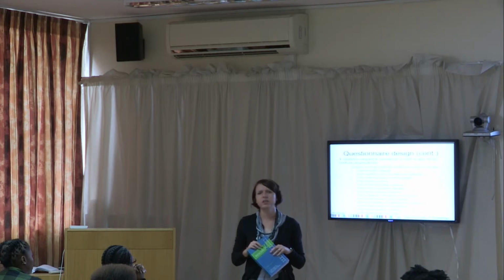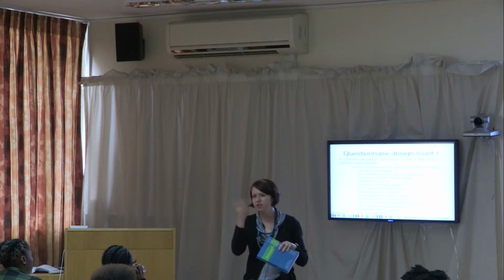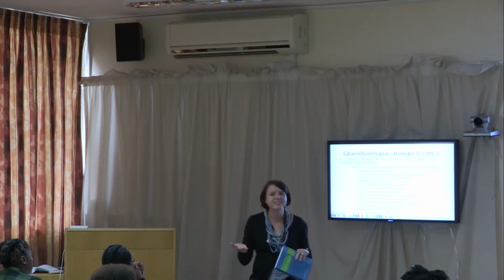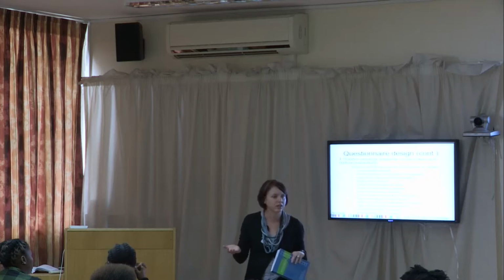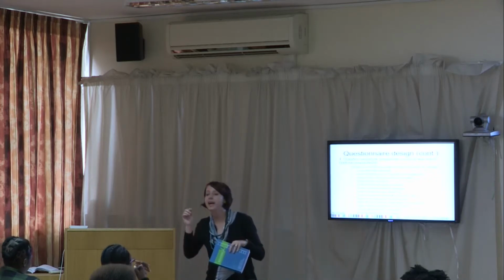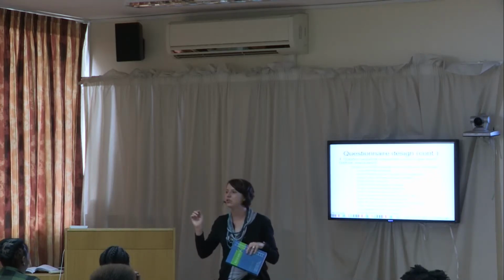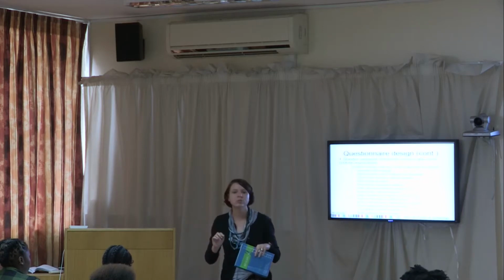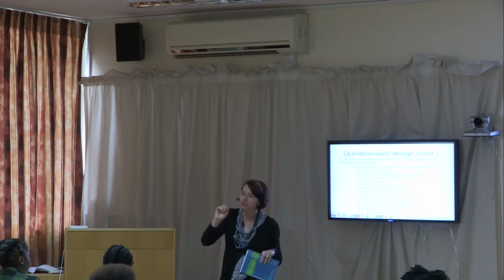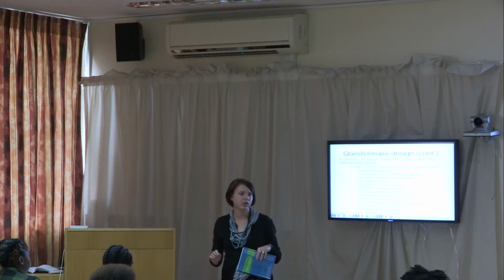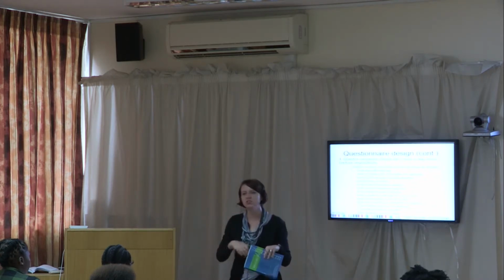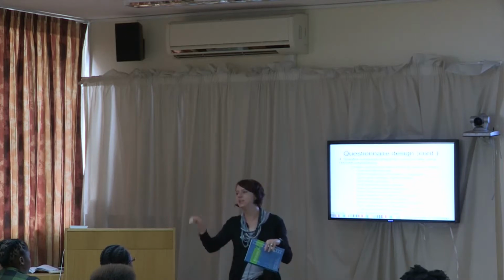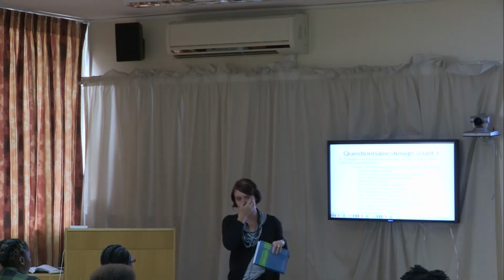Or please indicate the ages of your children, but they don't have children. That is an erroneous assumption. So you will ask them, do you have children? They must say yes or no. The next question will be, based on the previous question, which ages are your children? So you need to link it like that. You first need to determine, do they have it? And if they have it, then they must go to the next question.